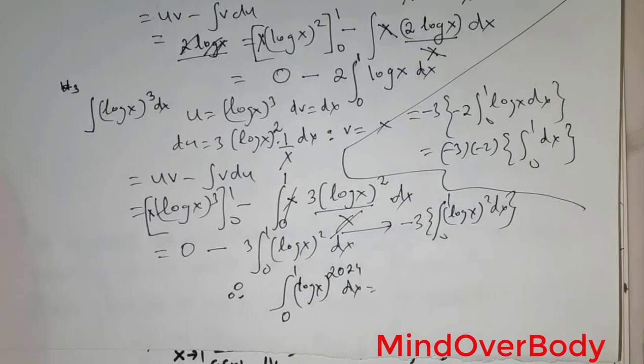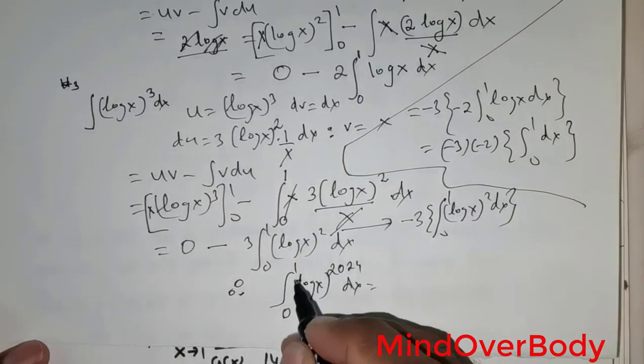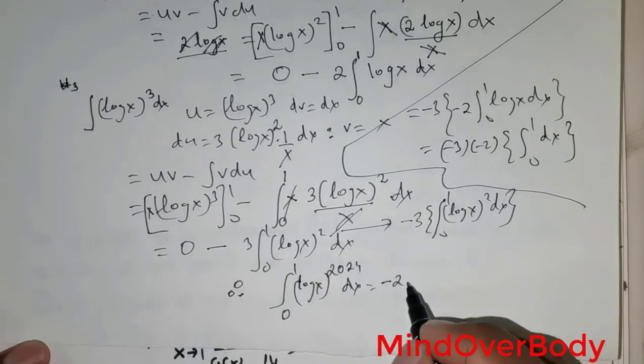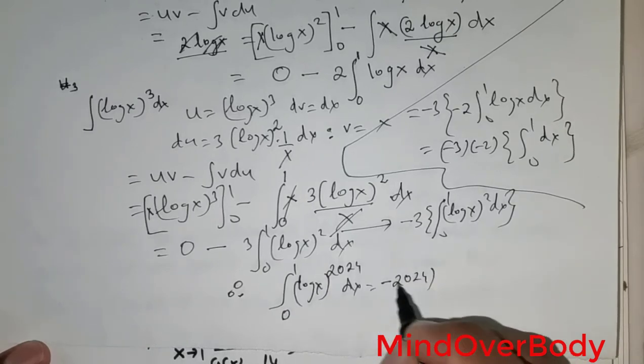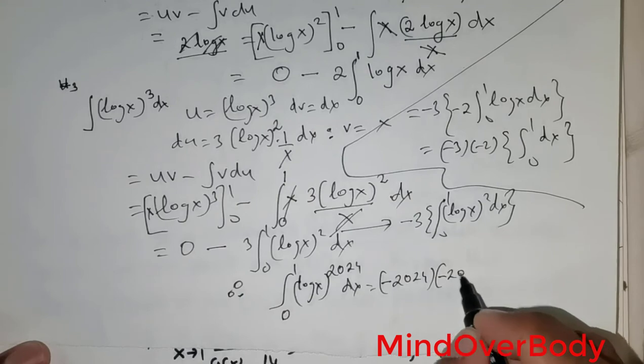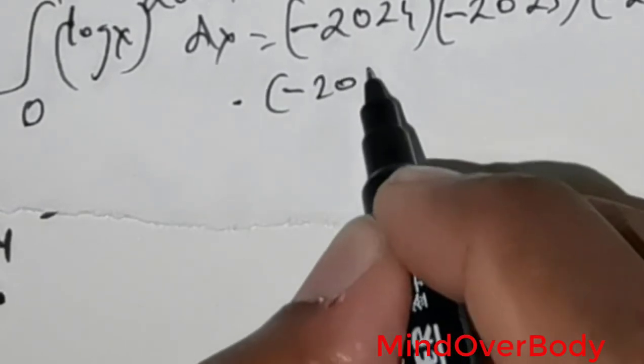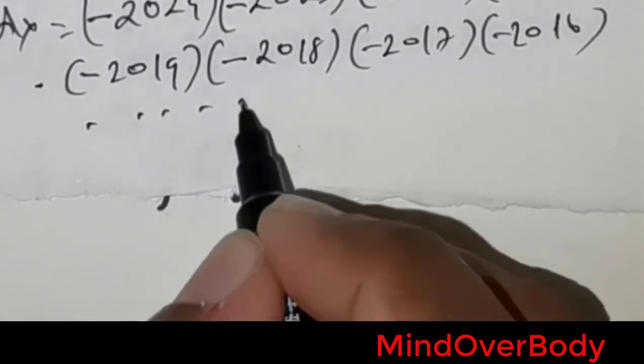So the idea here is, if we were given integral 0 to 1 log x raised to the power 2024, we would have a quantity like this: negative 2024 times negative 2023 times negative 2022 times negative 2021, and so on, so on, so on, it will go.